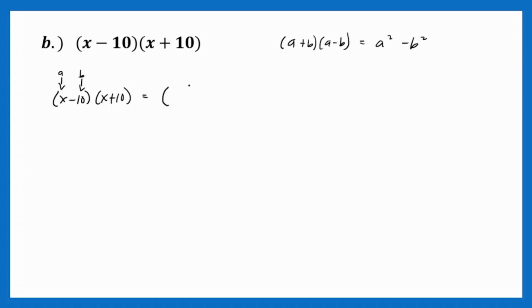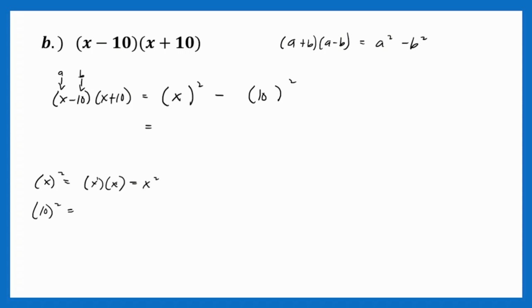So, ayan. Sa loob, naka-squared, minus sa loob, naka-squared. Ganyan siya. So, ano yung value ng A natin dito? That's x. Ano yung value ng B natin na naka-squared? That's 10. Alright? So, magiging ganito siya. Isa-isahin ulit natin. So, x times x yan, x squared.